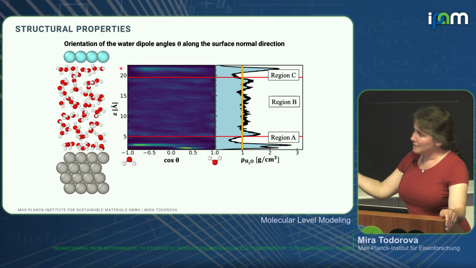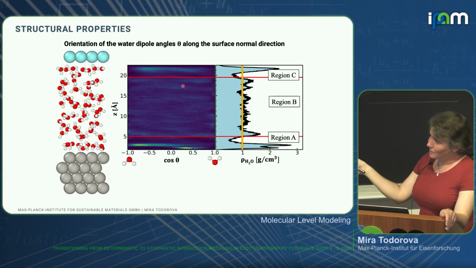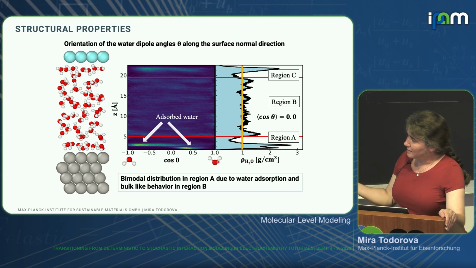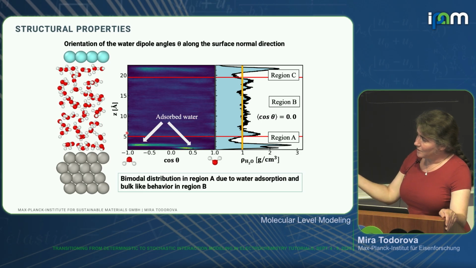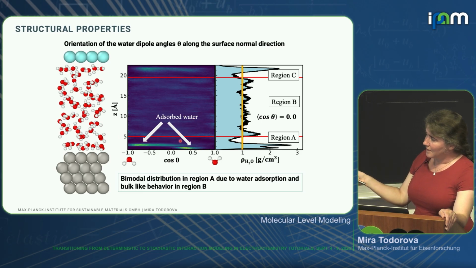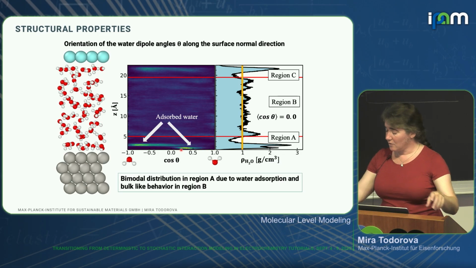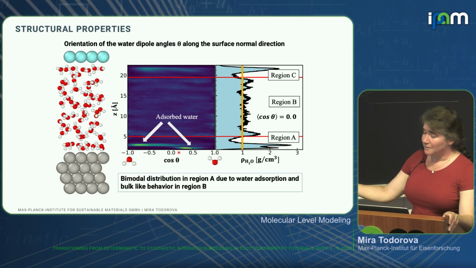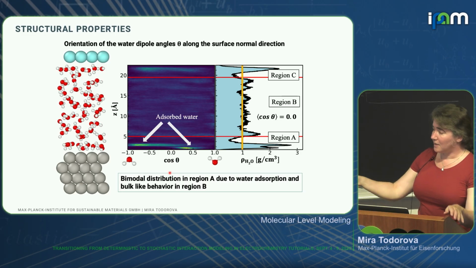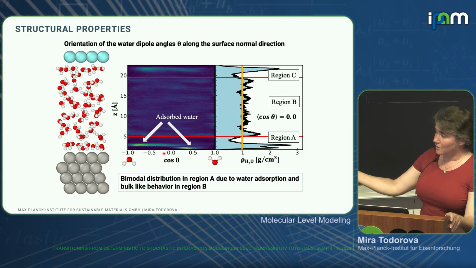It is not influencing our calculation, but we always need to make sure that we do have a bulk water region, and what we have here is really true. And this here corresponds to the adsorbed water, and we have this bimodal distribution. I said that the water is not fixed when it is adsorbed. We do see an exchange of water molecules between these first two layers. Once we have the hydrogen, we do see that the water actually is pushed further away from the surface.